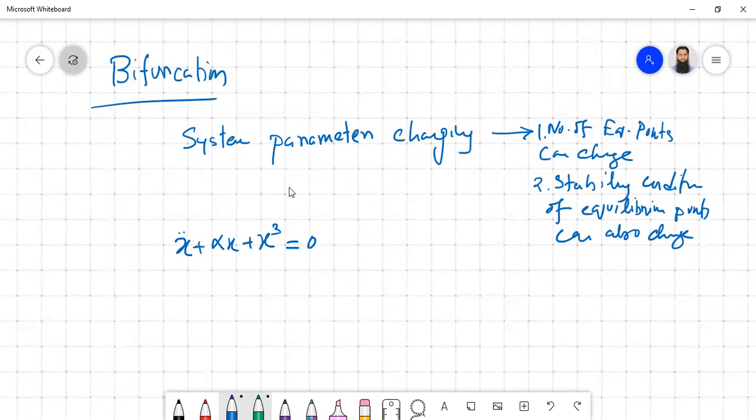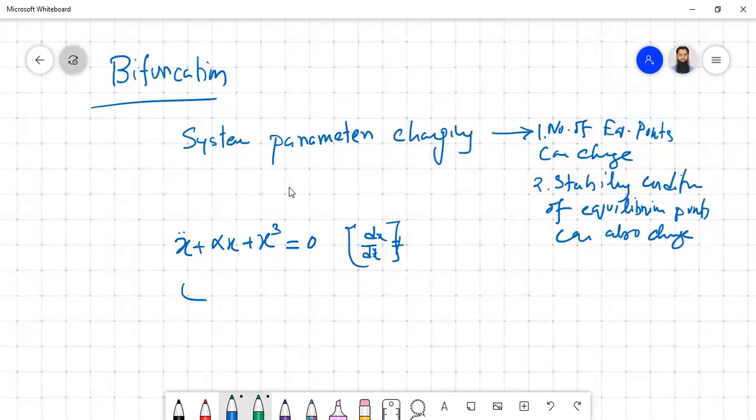This is called the hardening spring problem. If the spring is becoming hard, then this is what is happening. In this case, as you can see, dx by dt is not available in this equation. What it means is that it doesn't have any damping, so it will have a sustained oscillation.